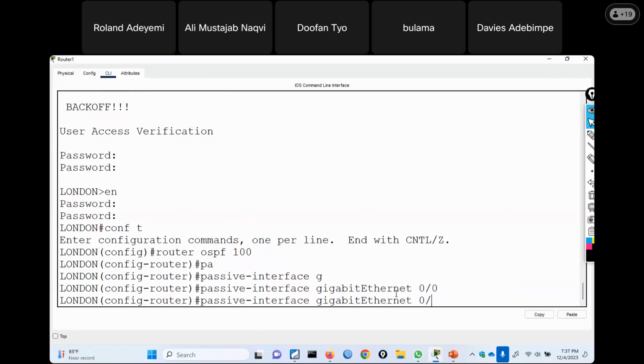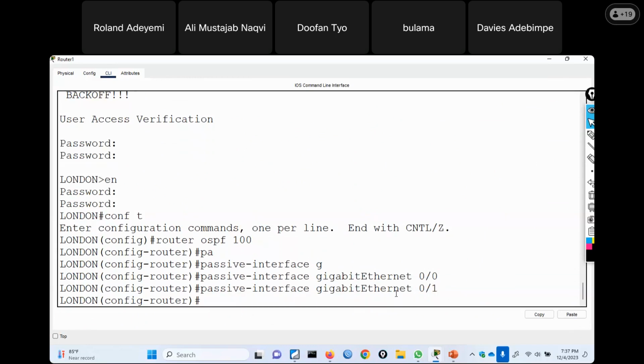Then the second one, gigabit 0/1. What I'm simply telling this router is do not send updates out of these two interfaces.